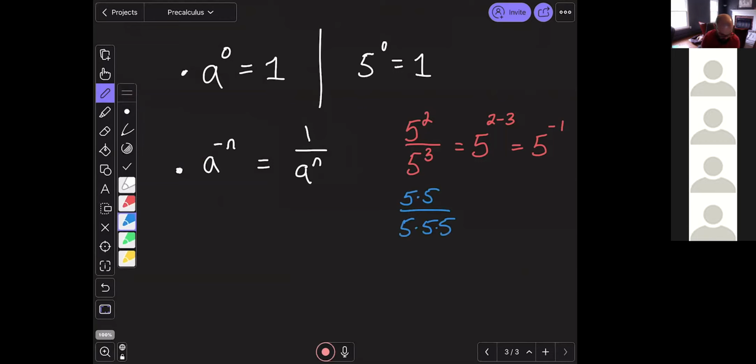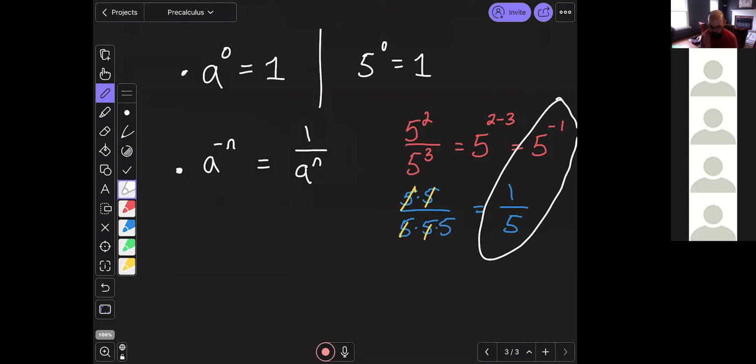And if I make some of these cancellations, really what I'm left with is 1 over, and there should be a 5 in the denominator. Okay, so these two things right here should be the same. We really want those things to be the same. So 5 to the negative 1 and 1 over 5. And then the general property is this one over here.